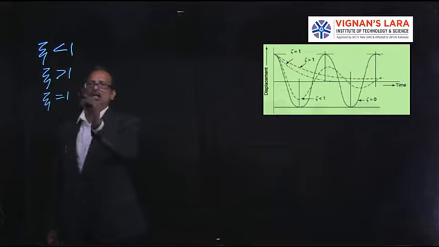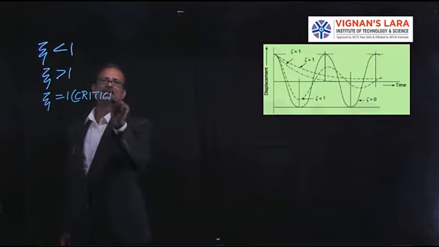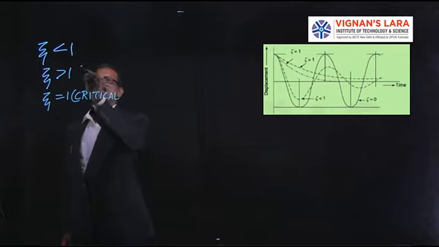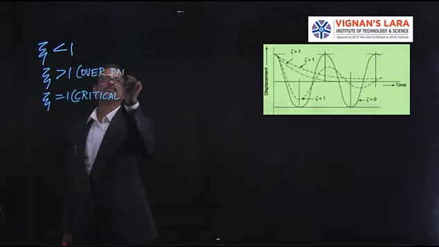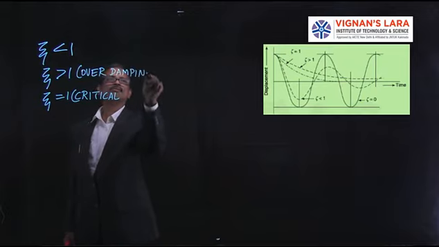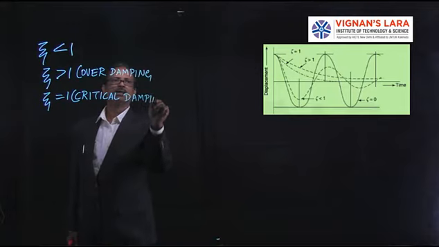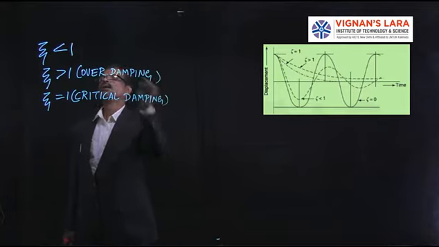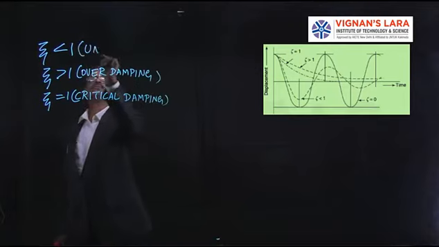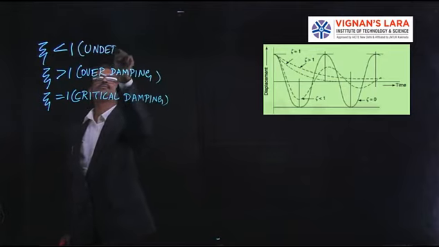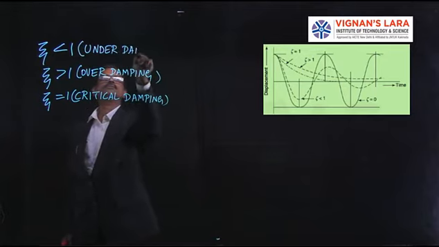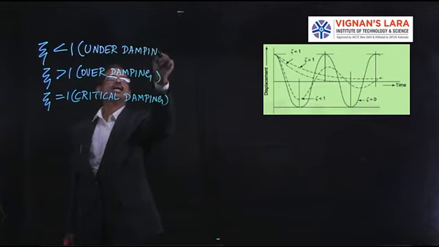Equal to 1 is called critical damping, greater than 1 is over damping, and less than 1 is under damping.